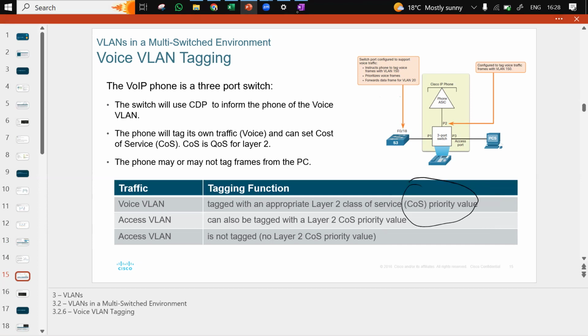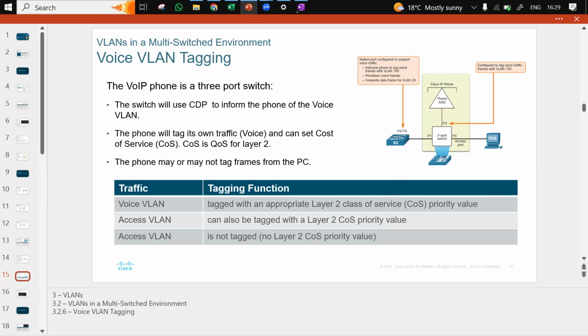That voice traffic is at a certain CoS level. I think there are 8 levels, 0 to 7. It should be level 5 in terms of prioritization. So when you tag it, it is going to have a CoS priority value.